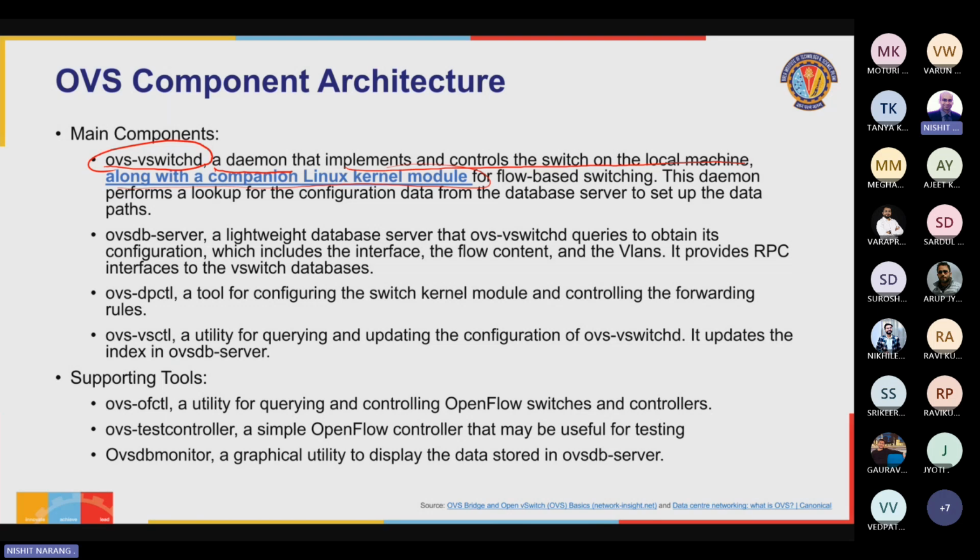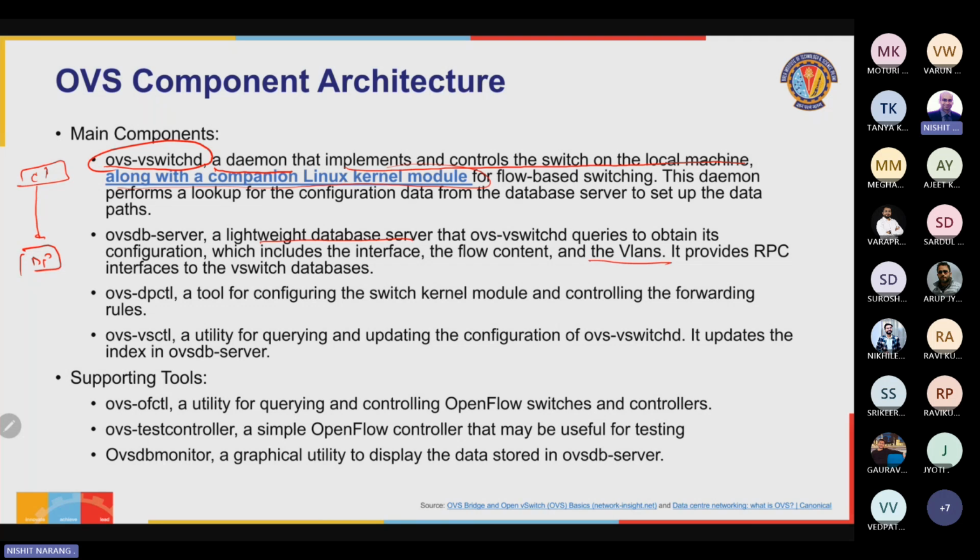We saw earlier the architecture where the data plane receives the flow rules from the control plane, and that's how the data plane operates. So ovs-vswitchd is the control plane in this case. The kernel module is the data plane, and the DB server is the lightweight database server where all the configuration information is stored: the flow rules, the VLAN information, all of it.